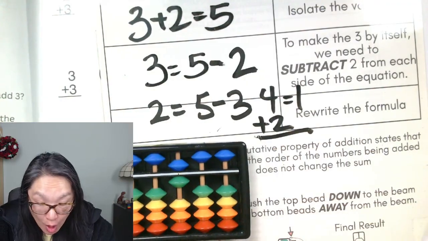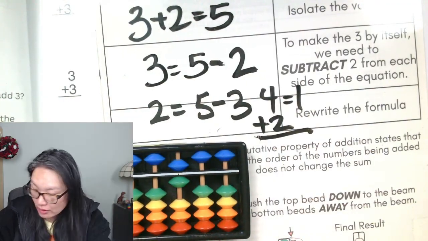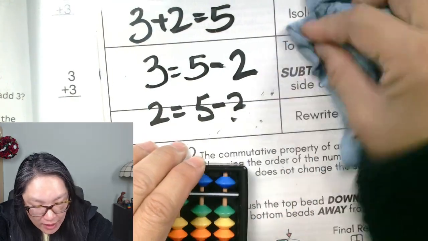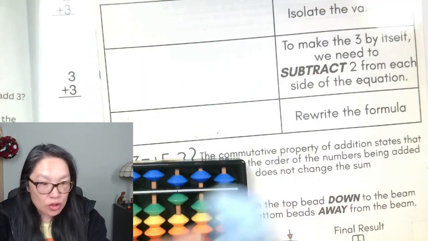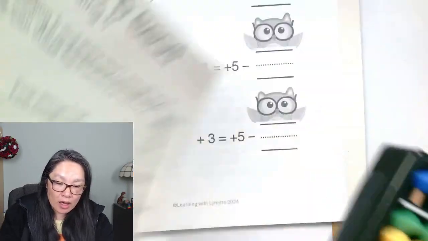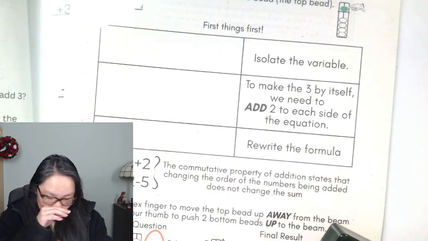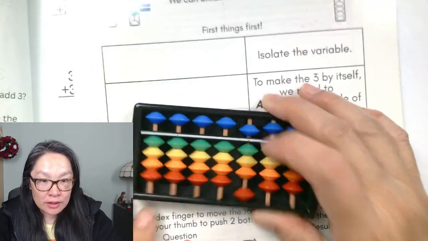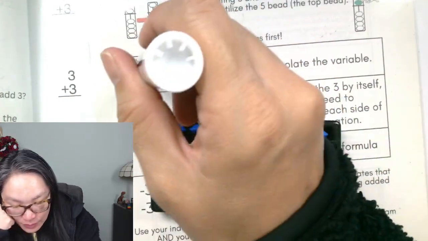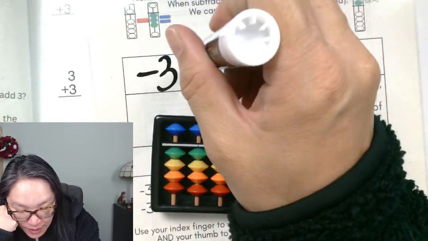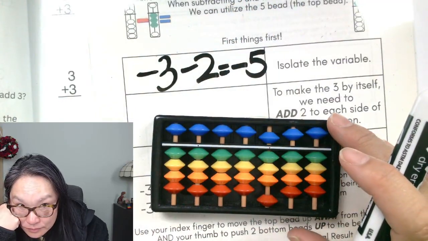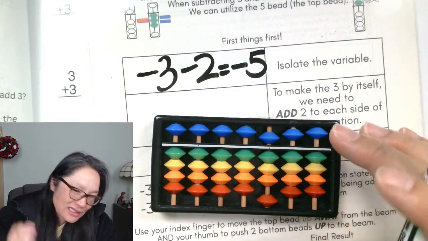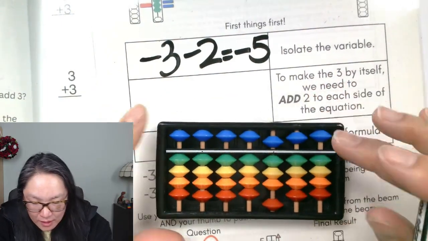But see, look, wait, there's more. What do you mean? Well, if we know how to add, we will know how to subtract. So now we're building on, compounding our math knowledge. So in minus, we do minus 3 equals minus 5 plus 2. That's the only way I can think about it.